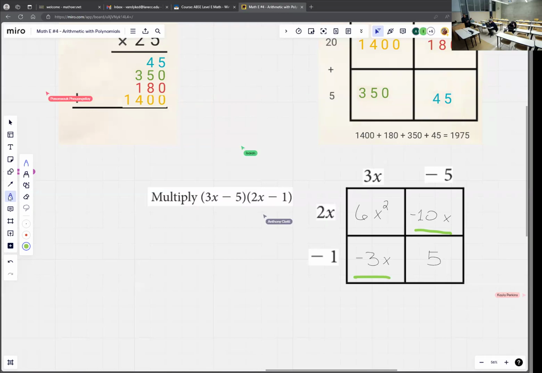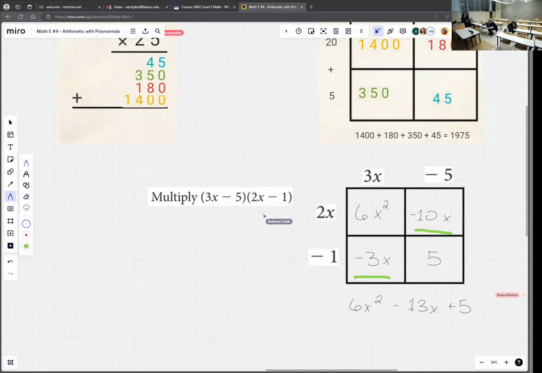So those are going to combine together. The others just kind of float around on their own. 6x squared. Now I have to think, if I am in debt 10 x's and I am also in debt 3 more x's, how big is my real debt of x's? 13. And a positive 5. Everyone okay?